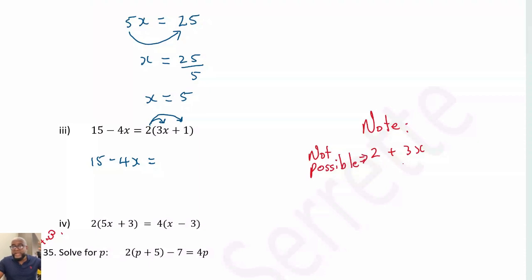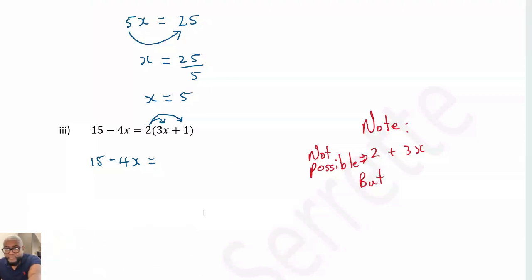We cannot add 2 to 3x, but we can do 2 multiplied by 3x. Multiply the 2 by the 3, you get 6x. Possible. So this is possible, but 2 cannot add to 3x. Please write this down.